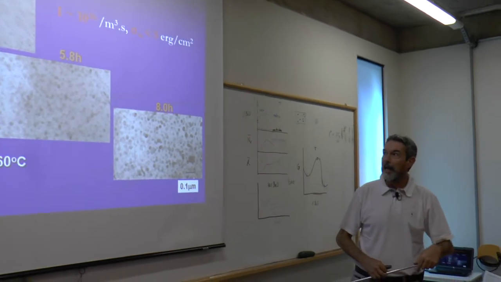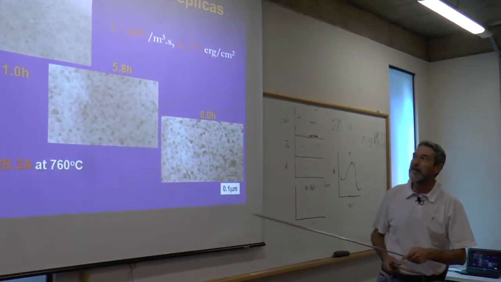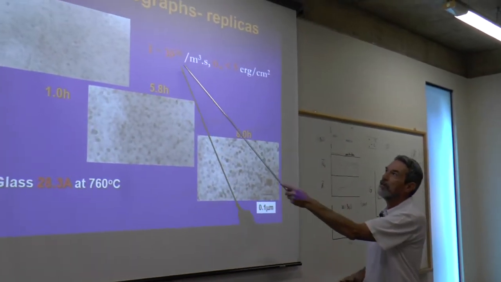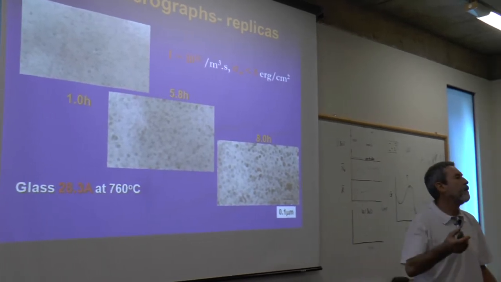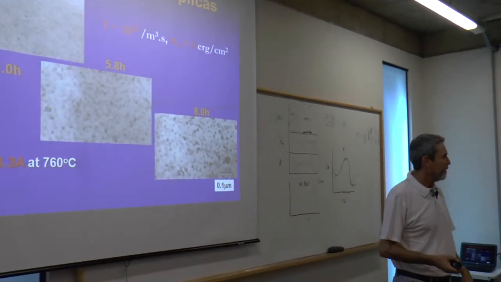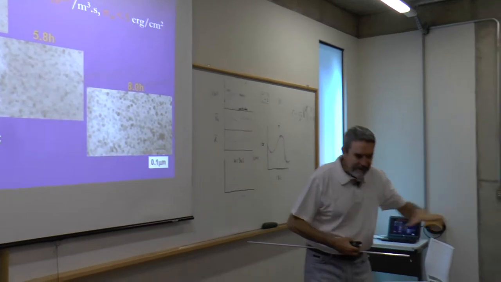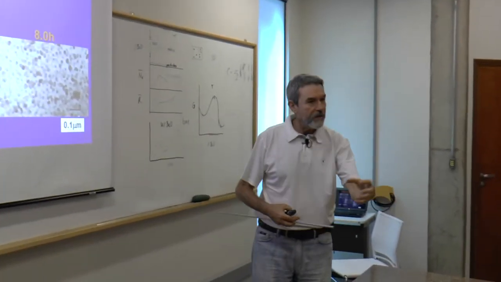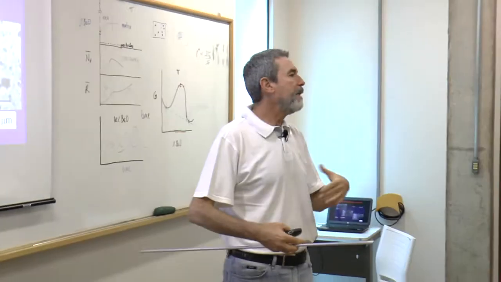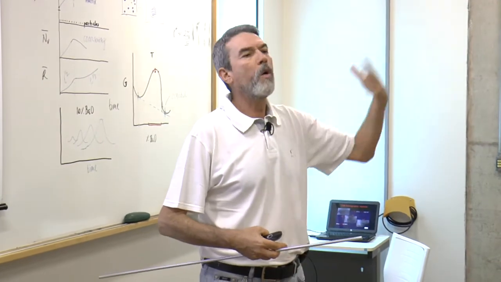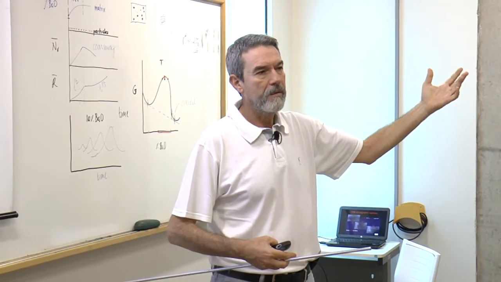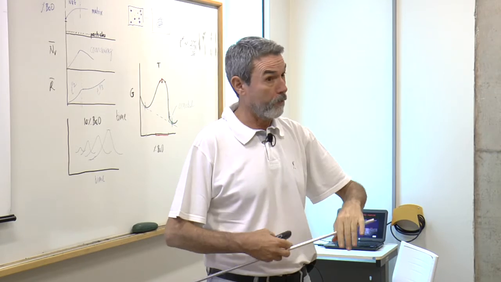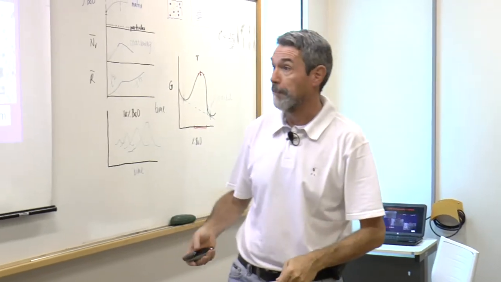In the same glasses, you see that the number of crystals will be about 10 to the power 10. So this phase separation is forming and crystals are forming at the same time, but the rates are completely different. 10 orders of magnitude difference between the rates with which they are forming.